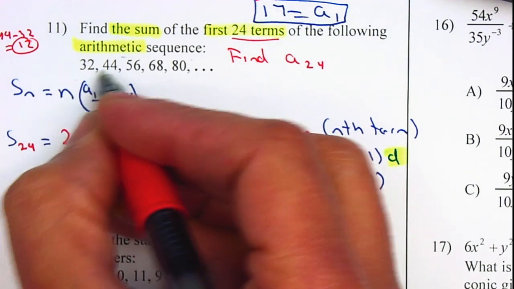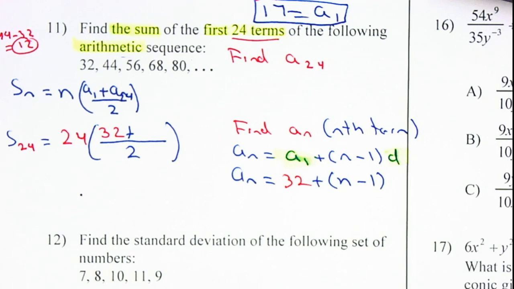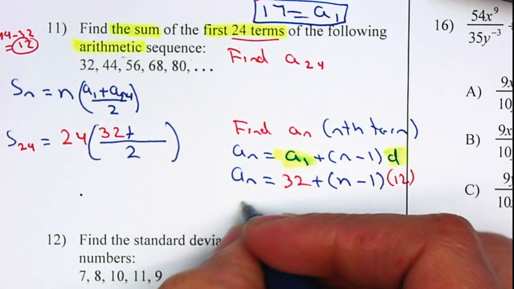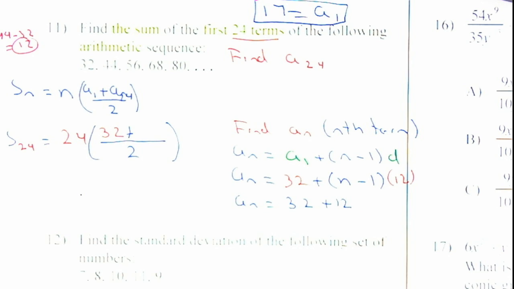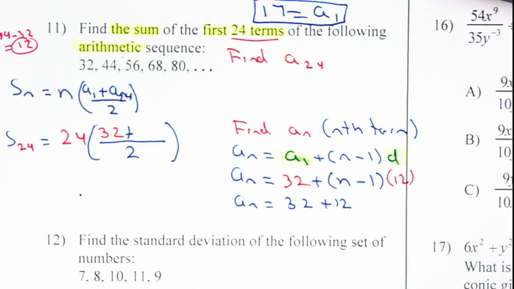Notice that it's increasing by 12 every single time. So my difference will be 12. A sub n is equal to 32. 12 times n will be 12n. And then 12 times negative 1 will be negative 12.